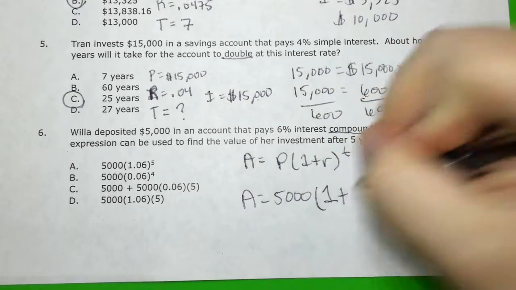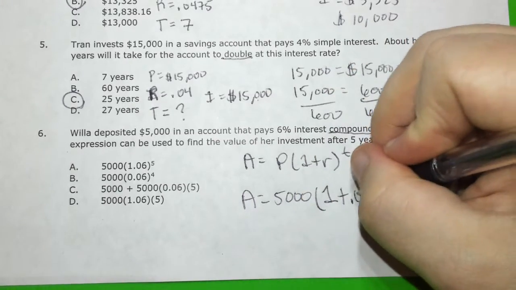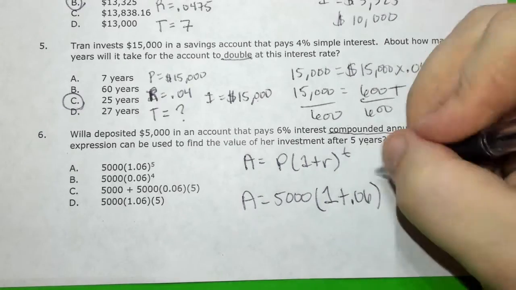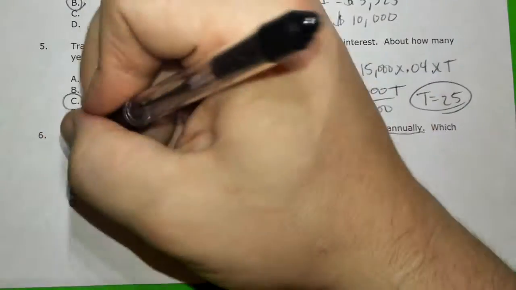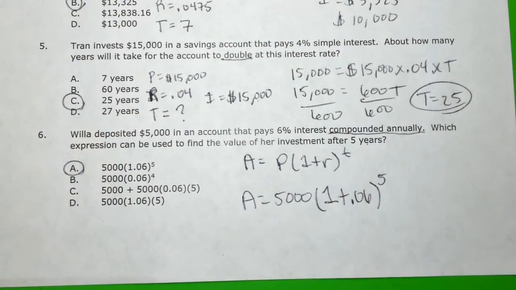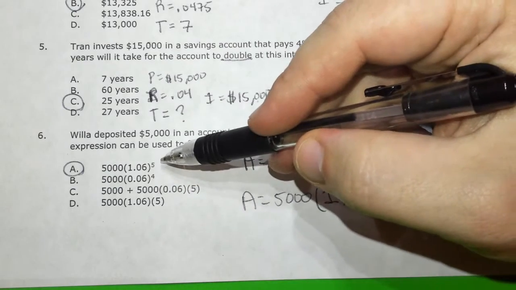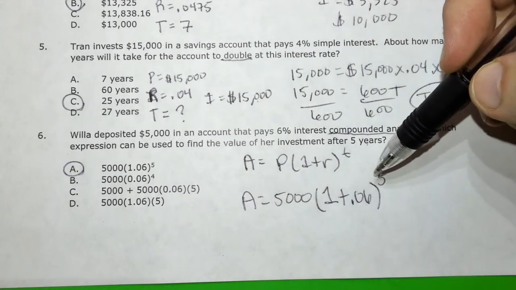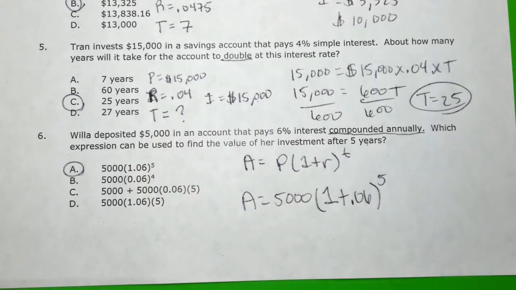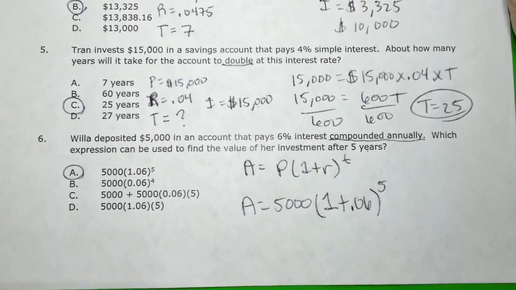And then we have 1 plus my interest rate of 6% is 0.06. And it's over 5 years, to the 5th power. That looks like answer choice A, because 1 plus 0.06 is 1.06. We do it to the 5th power because T is an exponent, and 5,000 is our principal. Moving on.